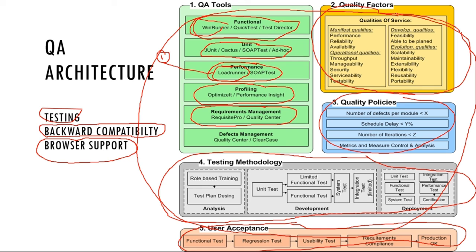Overall, from the first chapter until now, what we have covered is what comes to your mind when you are in QA architecture, integration architecture, or business architecture. It's not only about architecture, it's about the phase of the project.